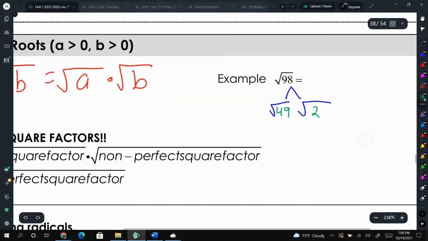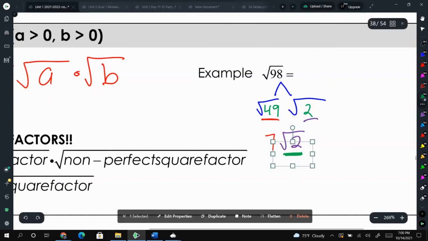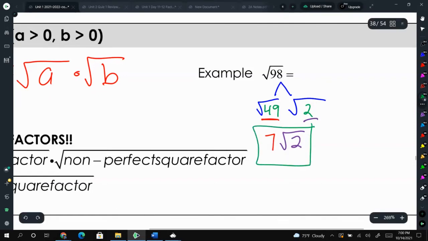Those two numbers multiply to 98, and 49 is a perfect square. So I'll go ahead and take the square root of 49, and that gives me 7. And then I'll bring this down as a square root of 2. And then I will look and see, can I simplify this any further? Can I break down the square root of 2? And you can't. So this would be our final answer.